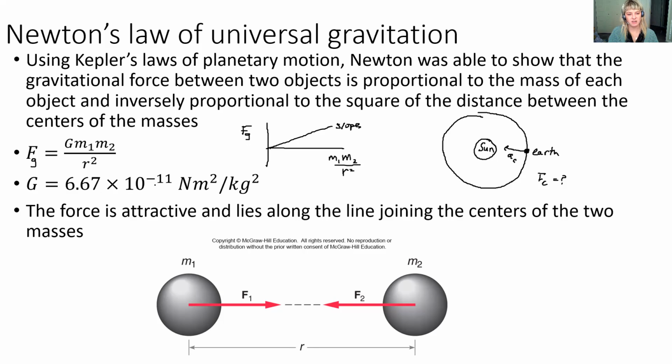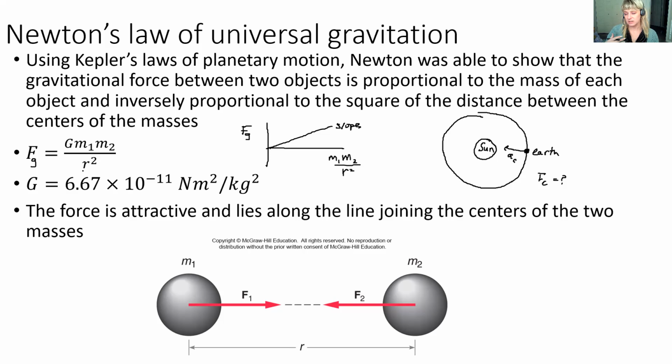It's a very small number, notice. 6.67 times 10 to the negative 11th is a really small number. So you only really notice the force of gravity between two objects when the objects are really, really, really massive, like planets. Of course, it's always there.